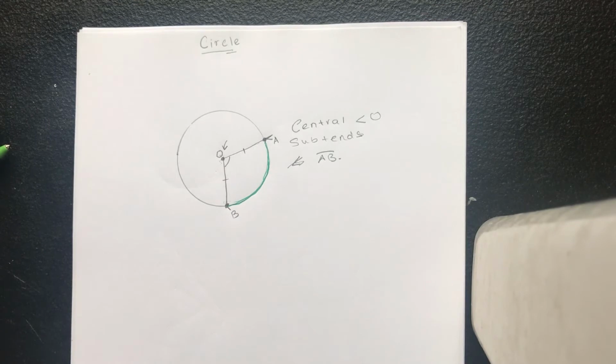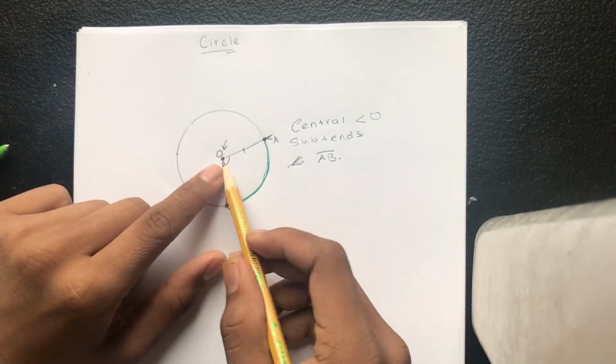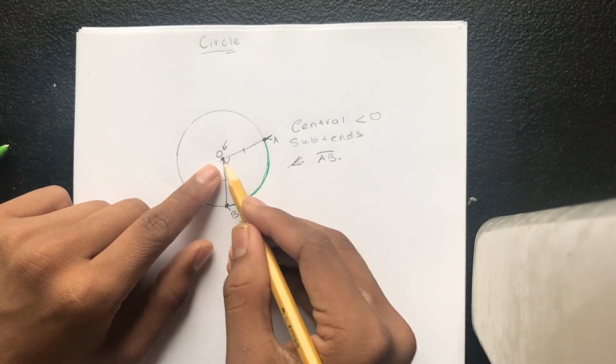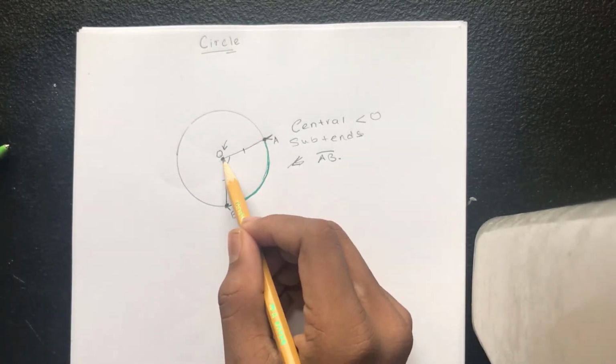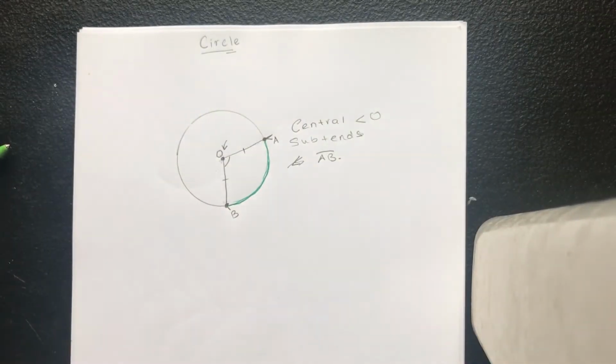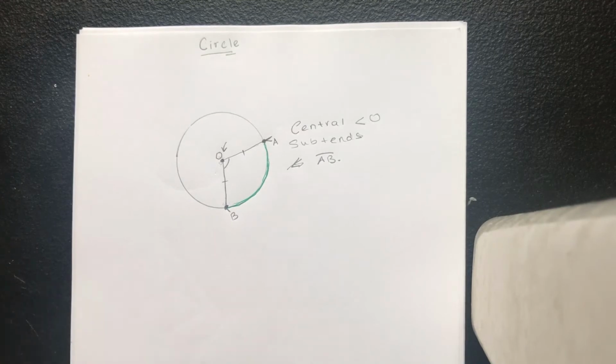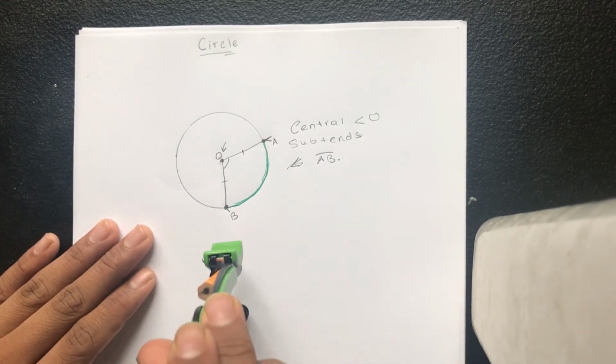Right? Now, one of the things you immediately notice is that this angle right here has the vertex at the center of the circle. But what if it didn't? What if this vertex were at the edge of the circle, at its circumference? Well, let's take a look at the consequences of that.